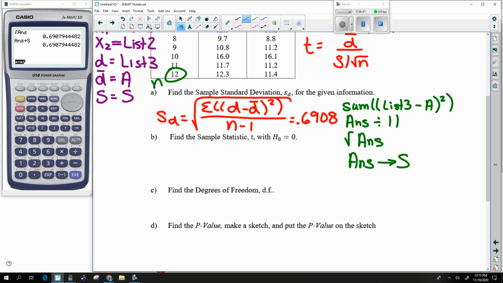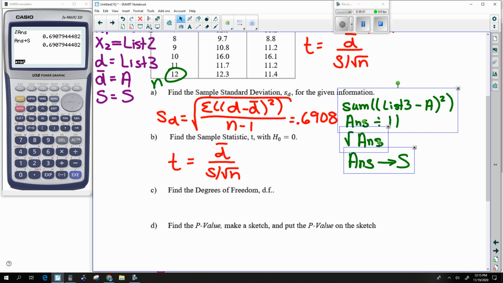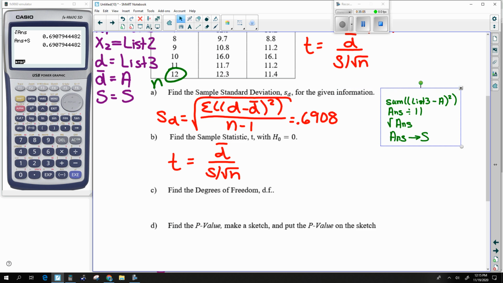Okay, and that is in my calculator now as the letter X. Next is the sample test statistic T, which is D bar divided by S divided by the root of n. So again, how I enter that into my calculator, you can do it however you would like. Tell me the correct way to do it. It is D bar divided by, okay, again, I have to have the bottom in its own unique parentheses, S divided by the root of n, which in this case is 12.